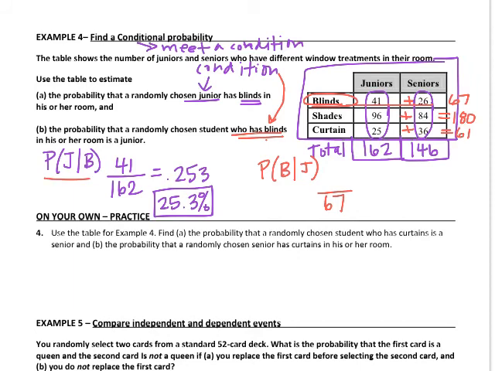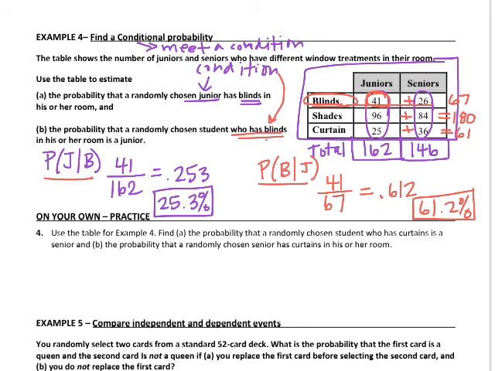This one we said if you're a junior, then you have blinds. This one is if you have blinds and you're a junior. So there are 41 people of the people that have blinds who are juniors. And now I can take my calculator out. 41 divided by 67 is 0.612, or 61.2% of people who have blinds are juniors. So more than half of the people that do have blinds are people in the junior class.